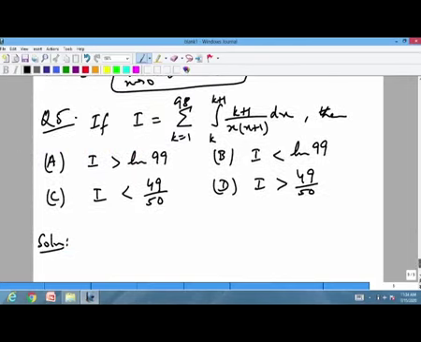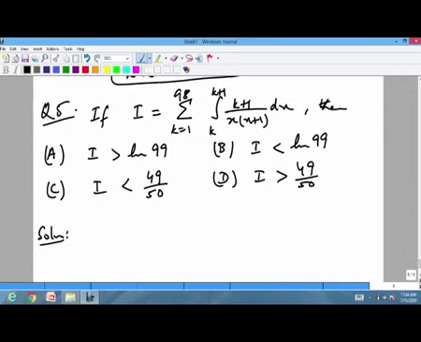Of course, here if you see this integral of k plus 1 by x times x plus 1 dx, this can easily be evaluated, because 1 by x times x plus 1 can be written as 1 by x minus 1 by x plus 1, and then you can evaluate this integral, and actually you can get an expression for I. But using that, getting these inequalities might be difficult.